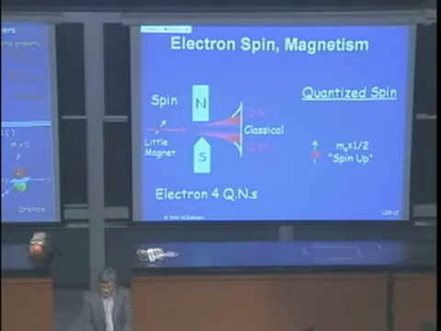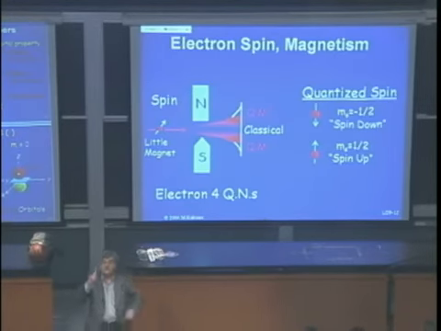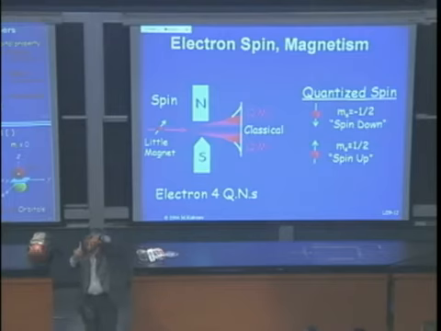The spin quantum number, s, equals plus 1/2, would be spin up. And now the other quantum number would be what? Minus 1/2, spin down. Okay? It doesn't do like real magnets, it goes like this.